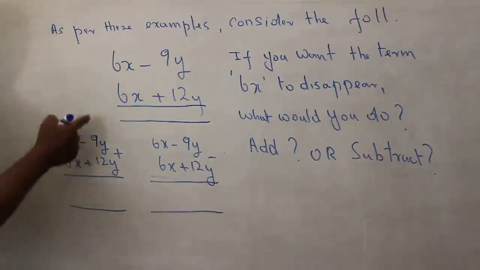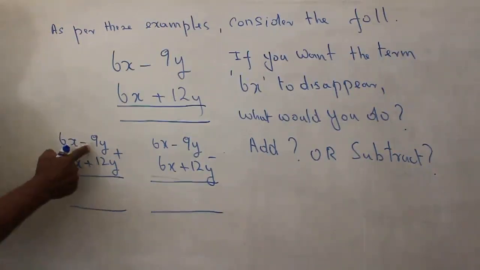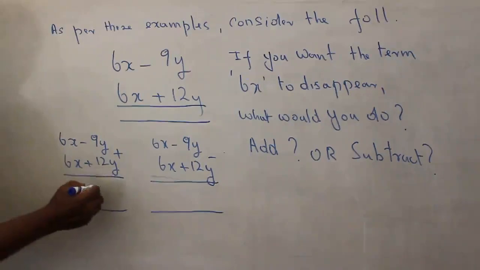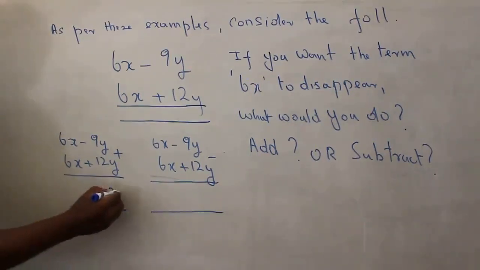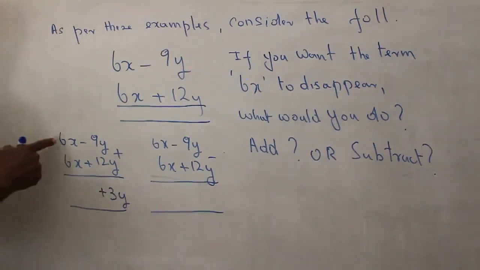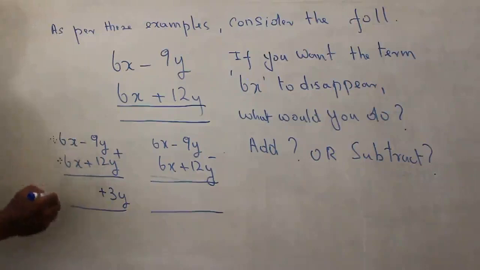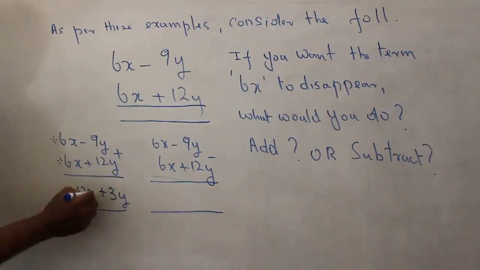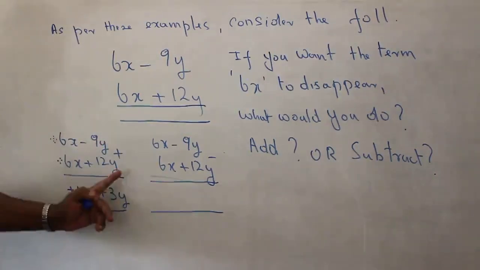You will combine directly. Minus 9y plus 12y will be plus 3y. Over here, 6x means there is a plus here. When you combine them, no change of sign, plus 12x. So you see, when you are adding, it will not disappear.